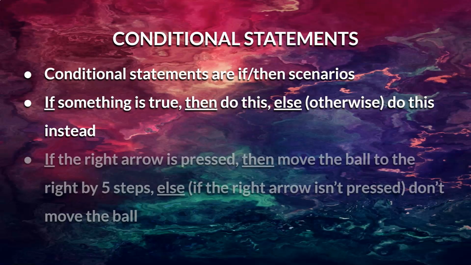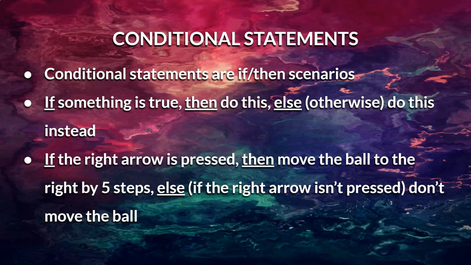So for an example, if the right arrow is pressed, then move the ball to the right by 5 steps. Else, that is, if the right arrow isn't pressed, don't move the ball. So before you actually write your code, you would write a sentence like this, or at least think of a sentence like this, and that describes an action that will happen in your game.